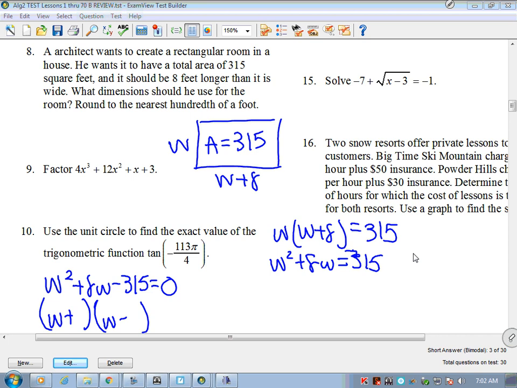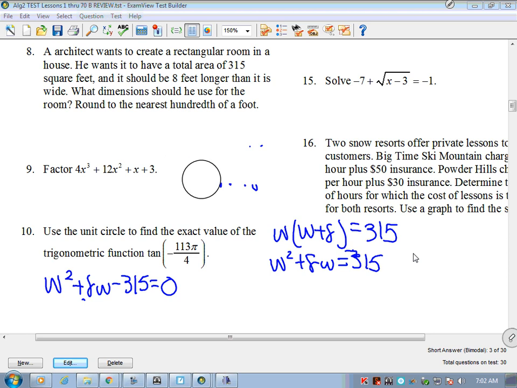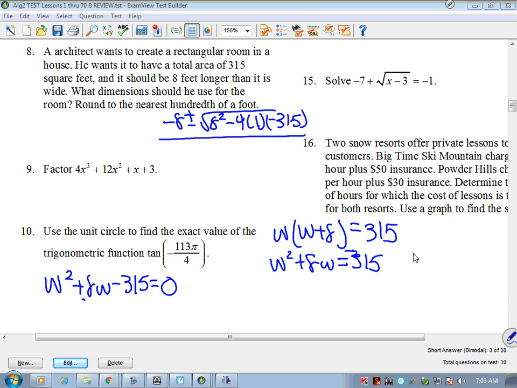So what we're going to do is use our quadratic formula. I'm going to erase this picture right here. So we're going to do negative 8 plus or minus the square root of 8 squared minus 4 times 1 times negative 315, all over 2 times 1.